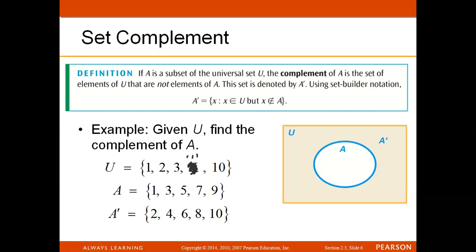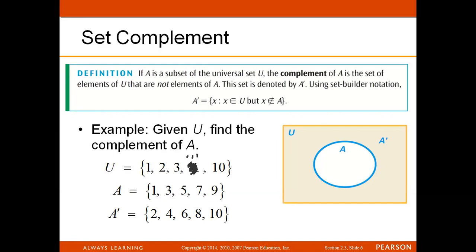That means 1, 2, 3, 4, 5, 6, 7, 8, 9, 10. And A is the elements 1, 3, 5, 7, 9. So the elements that are in U and not in A are 2, 4, 6, 8, and 10.